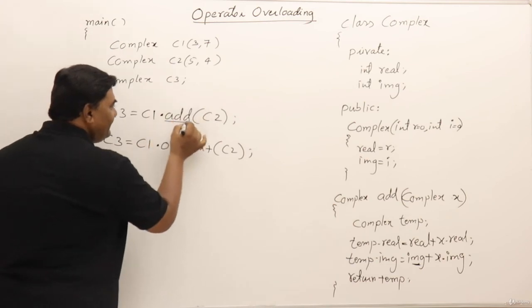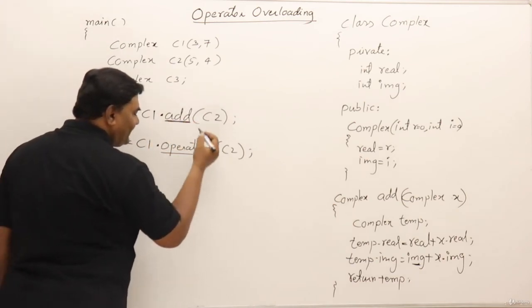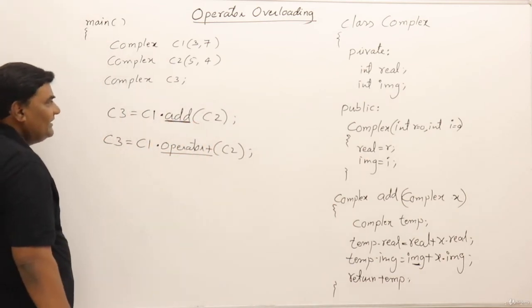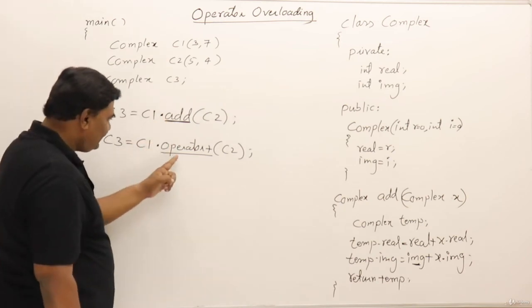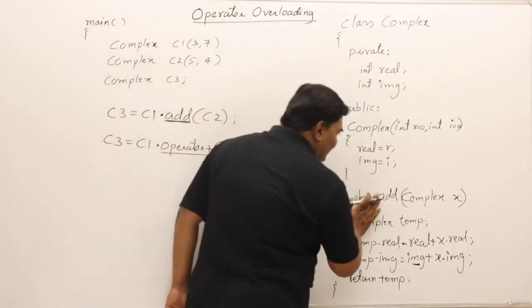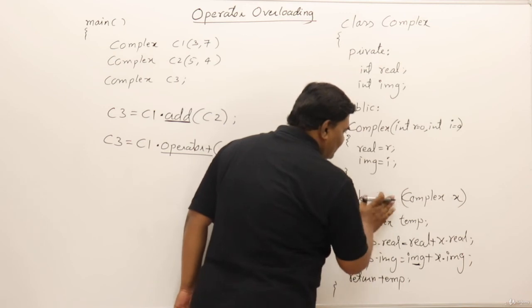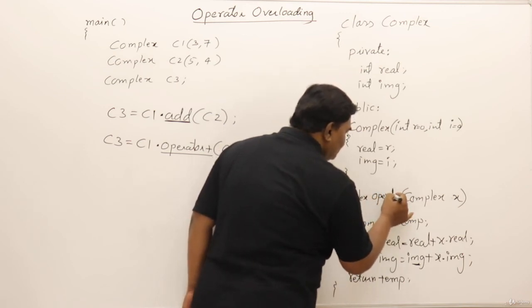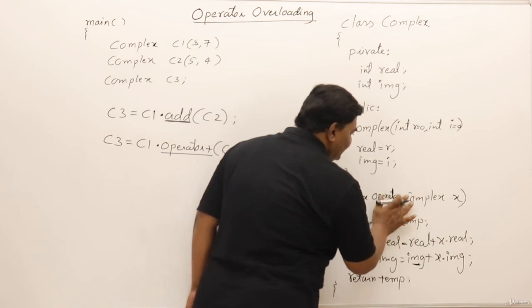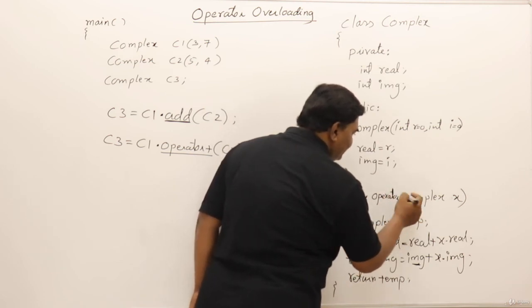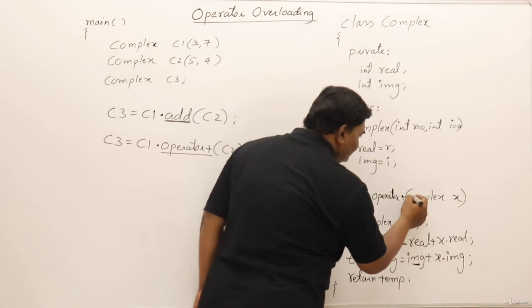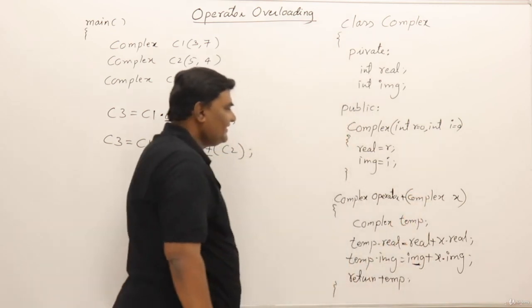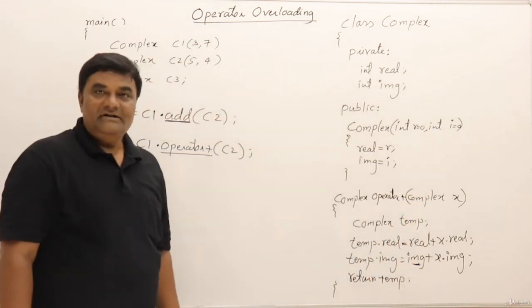I have changed the name of the function add to operator plus. So instead of add, can I write this operator plus? Yes. Here I can write operator plus. There's no space, I'll just make some space here, operator plus. So you can convert this into operator plus.